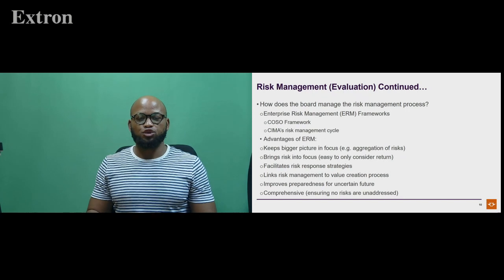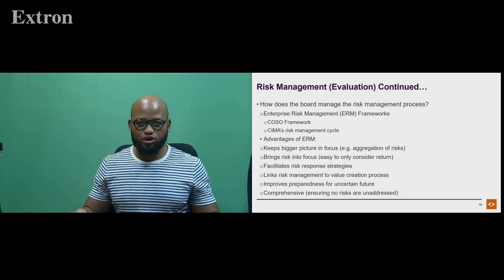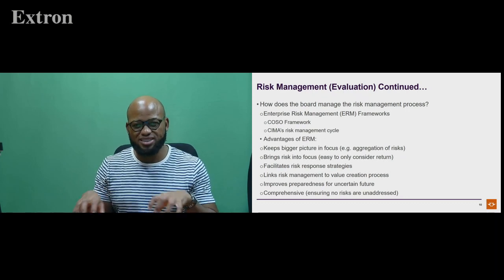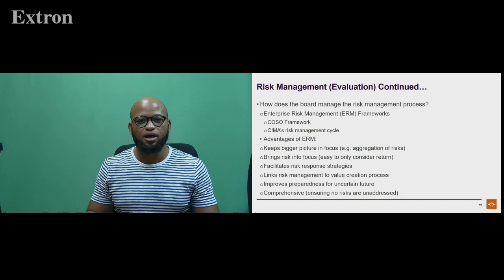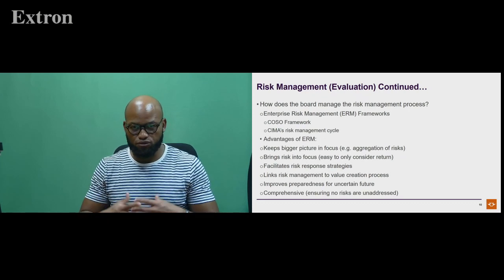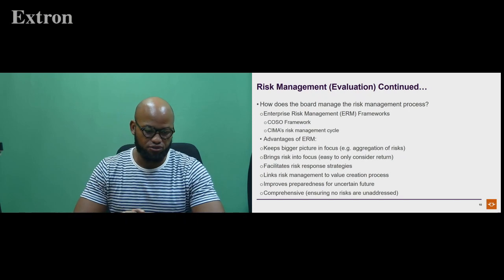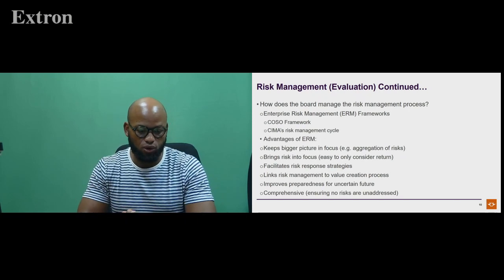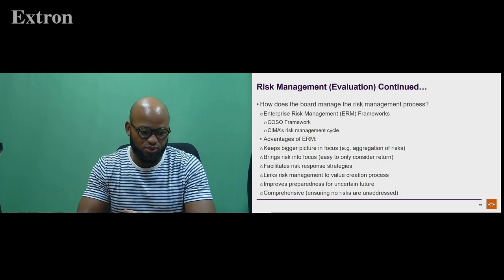So if you don't have an enterprise-wide risk management framework, your risk management tactics or techniques are going to be staggered, inconsistent, and not effective. So in order to be effective, the board uses a framework that manages the end-to-end running of a risk management practice within an organization, right?